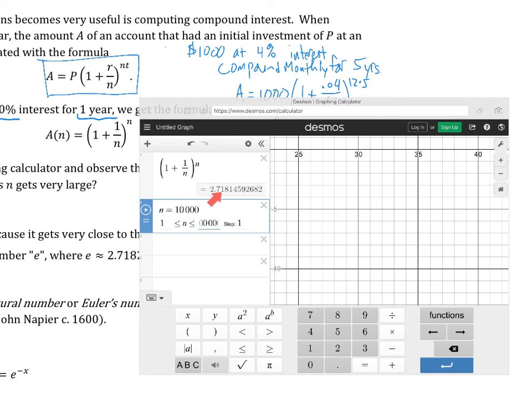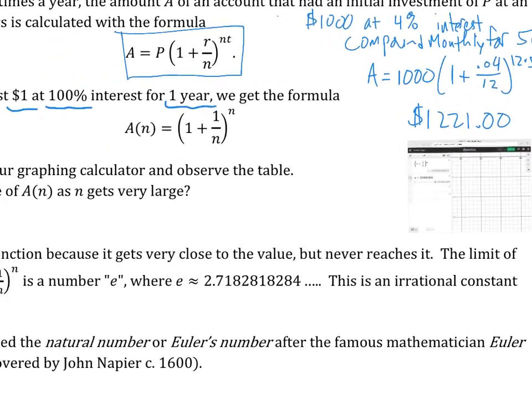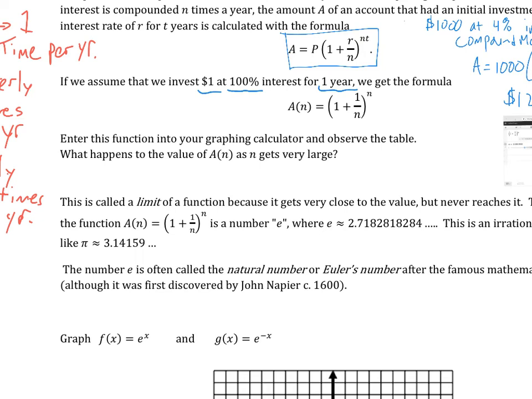It's 2.71828, and that is a number that we call e. We call it the natural number. It's an irrational number, a lot like pi. As n gets larger and larger, this number goes to 2.71828, and we have a name for that.